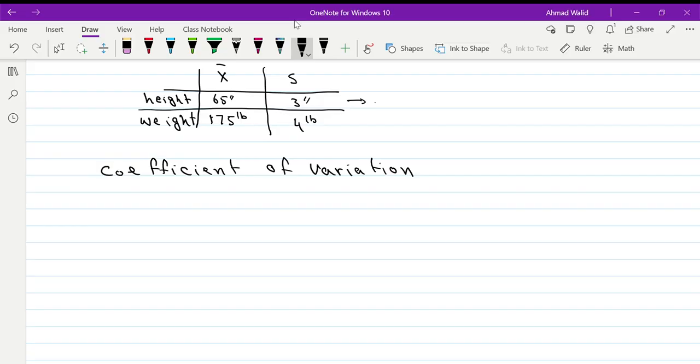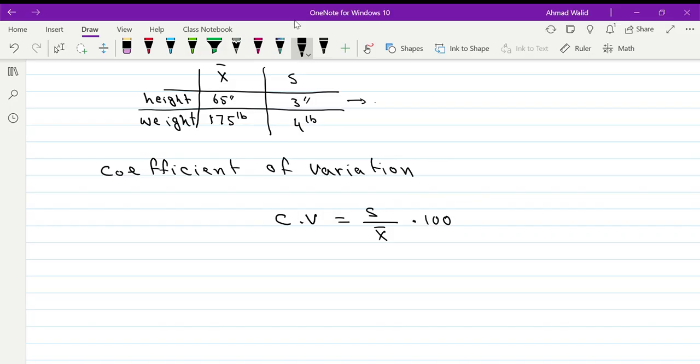When you find the coefficient of variation, then it's really easy to compare your data. What is coefficient of variation? Actually, you are changing your variation to what? To a percentage. And the formula is very simple. If I name coefficient of variation CV, it is equal to S divided by X bar, your mean or mu, whatever you use, times what?